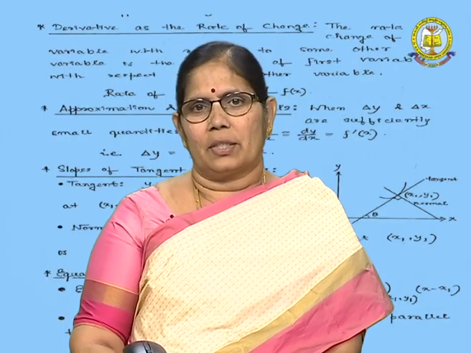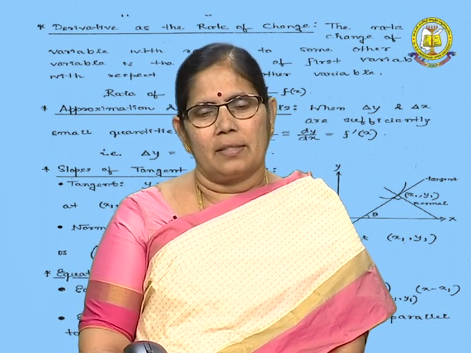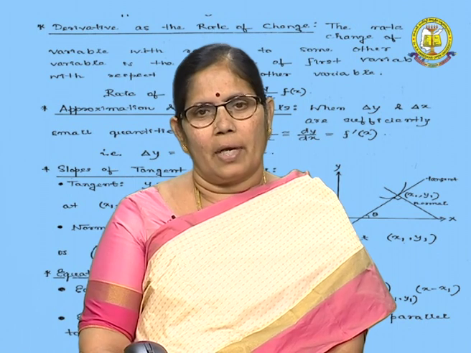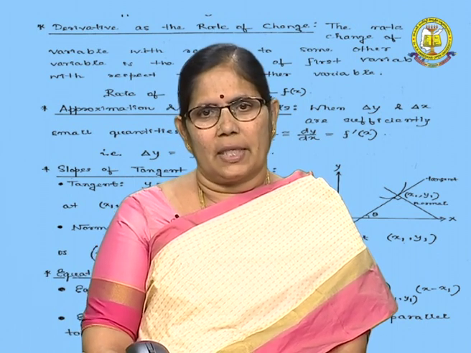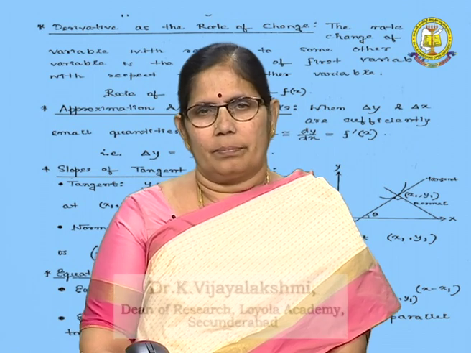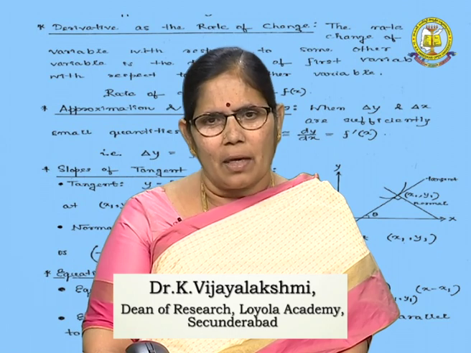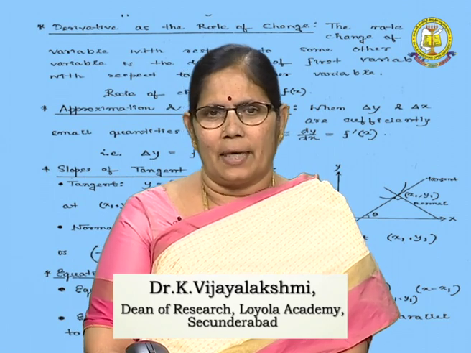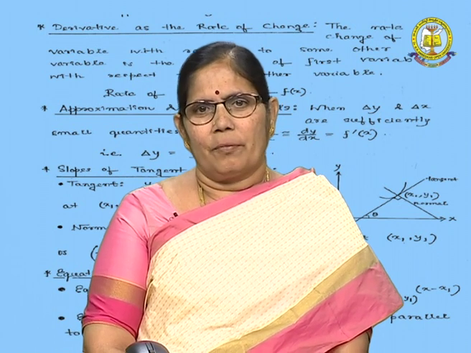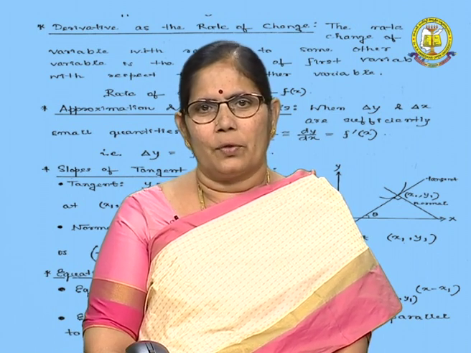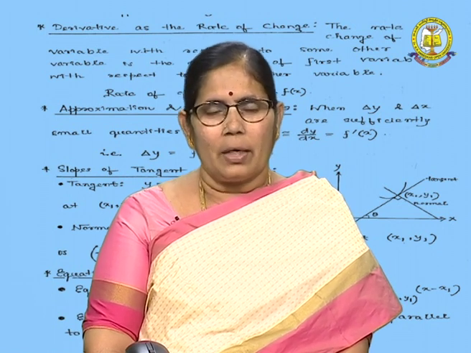In the last lecture, we learnt that when f dash c is less than 0, we have f of x less than f of c for c in the interval a minus delta less than c less than a plus delta, and f of x greater than f of c. That means at that time we saw that we are going to use the concept of a function being increasing or decreasing.